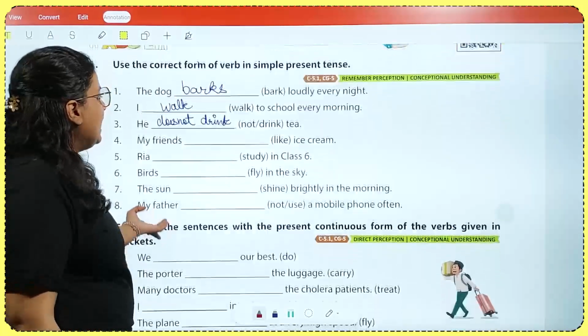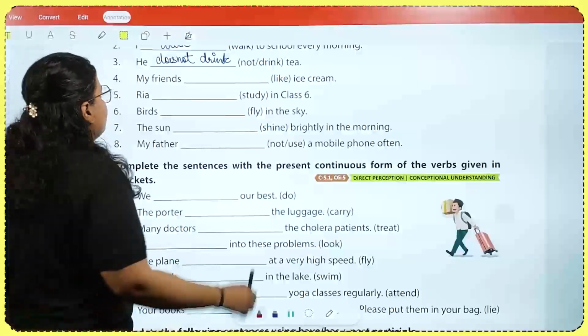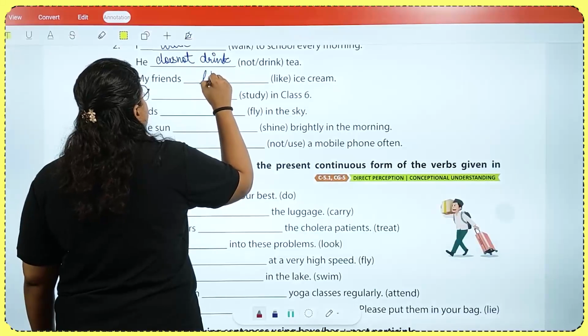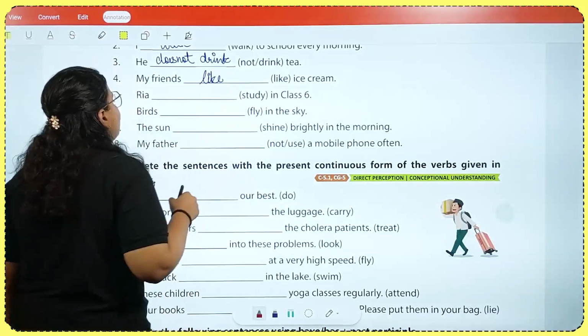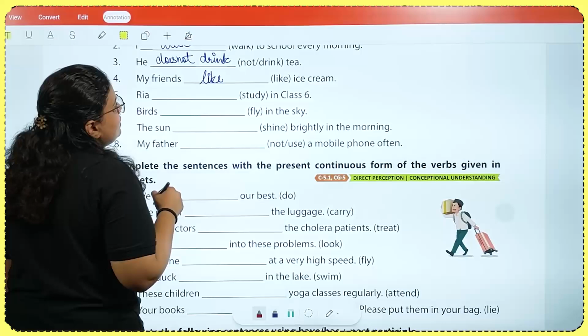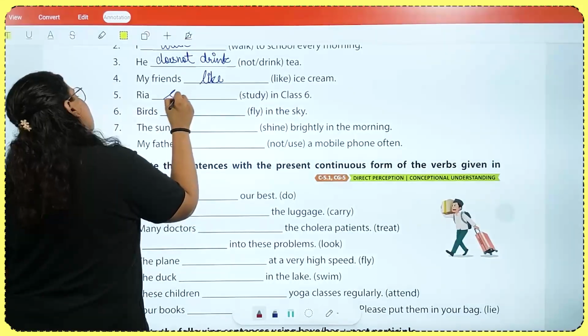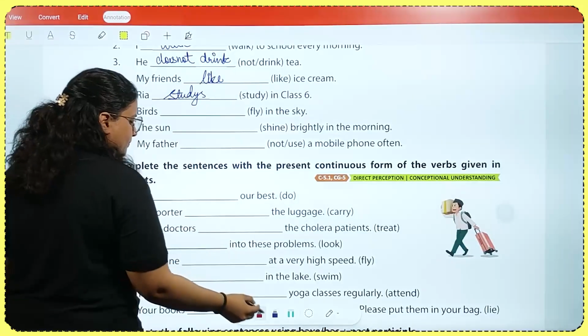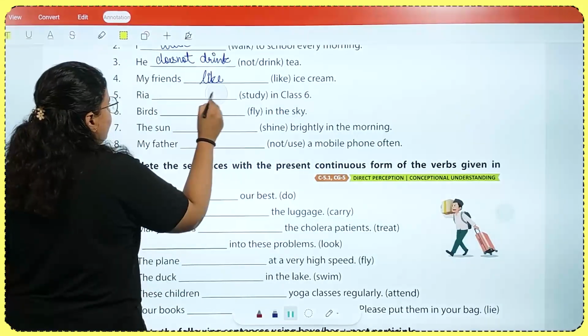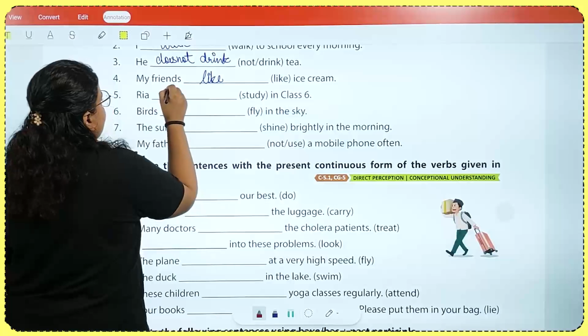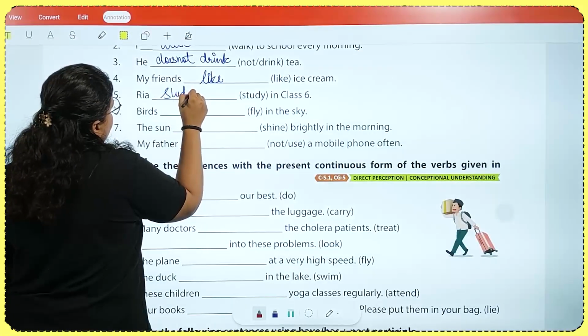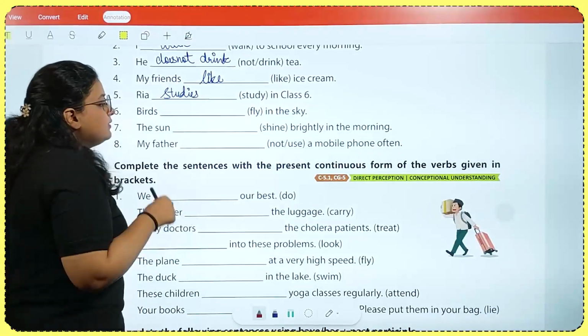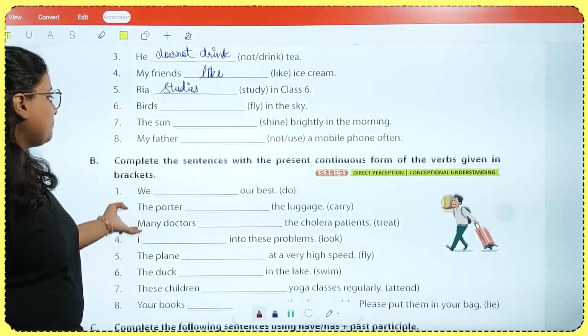My friends like ice cream. Priya studies in 6th class. Okay, the rest will do on your own.